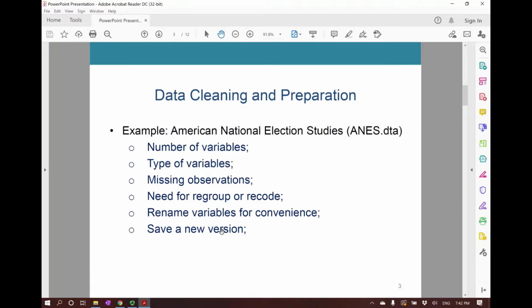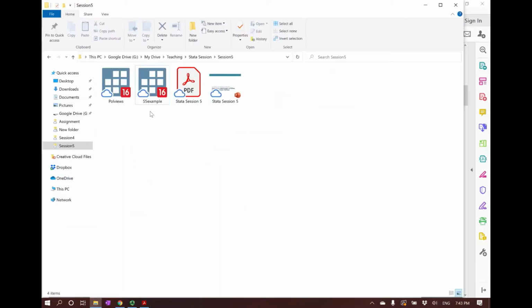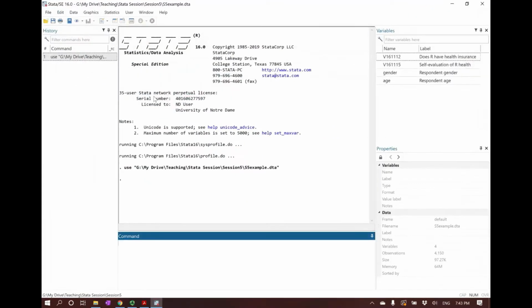So we'll be using a new data set for this session. The data set is from the American National Election Studies. So please load the Session 5 example. You'll see that 4 variables are included in this data set.